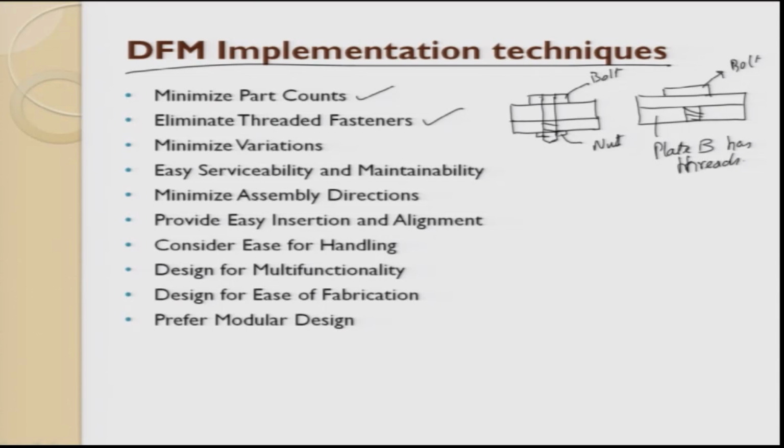I have reduced one fastener and still I am able to get the assembly, and if I do it on plate B, the possibility of this bolt coming out of the assembly is very less. So, I am trying to eliminate as much thread fastening as possible, or I can directly make something like a snap fit. Snap fit can be done. I remove threads.